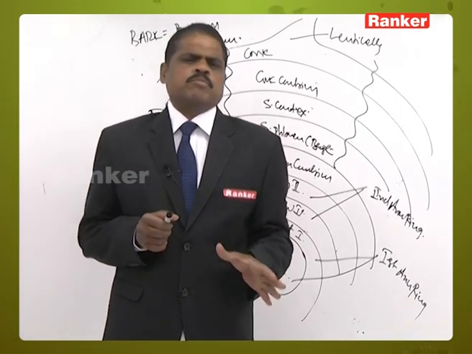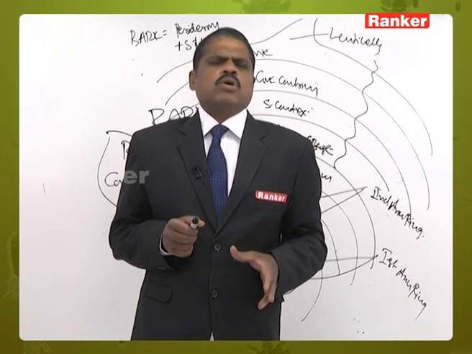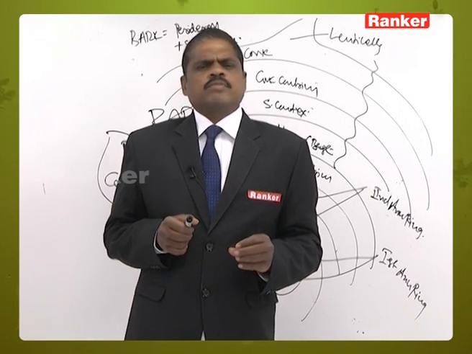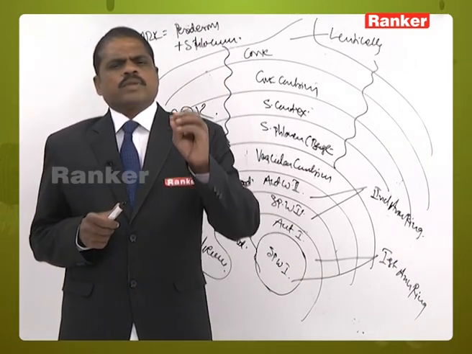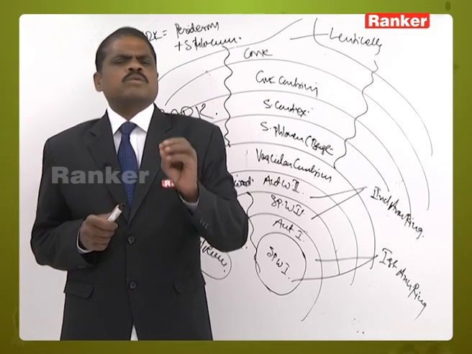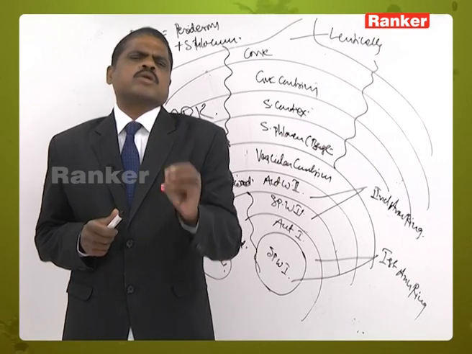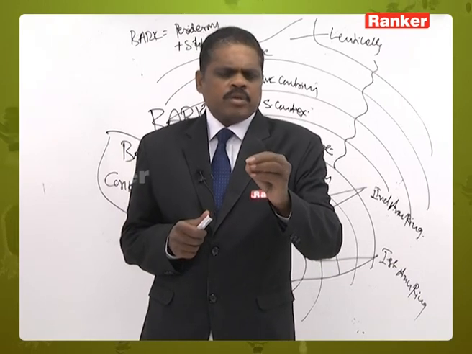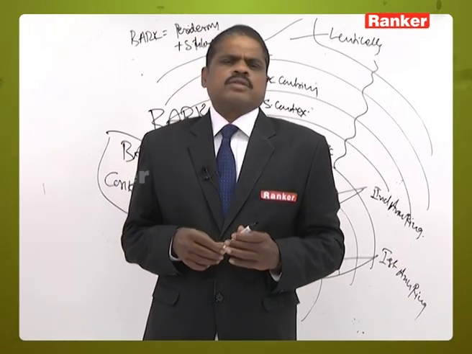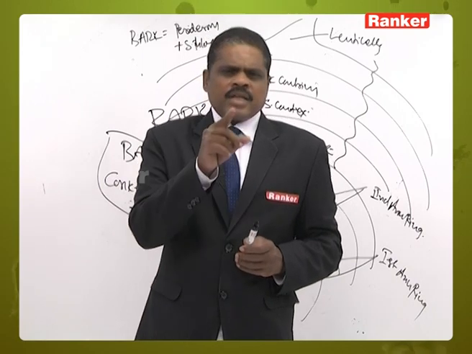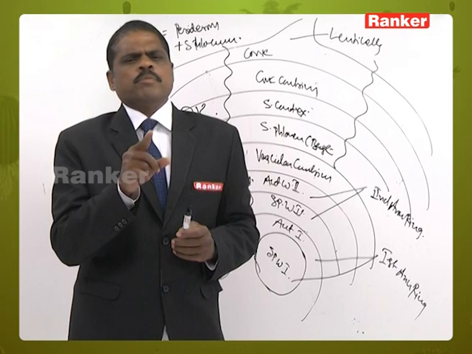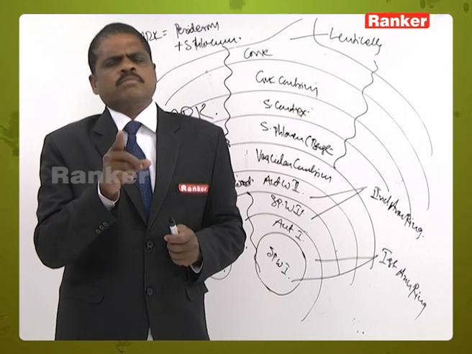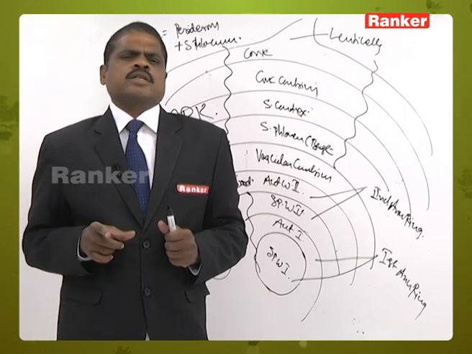the total vascular cambium is newly formed from the tissue present in the pericycle and also from the tissue present just below the phloem. So in dicot root, vascular cambium is completely secondary in origin.